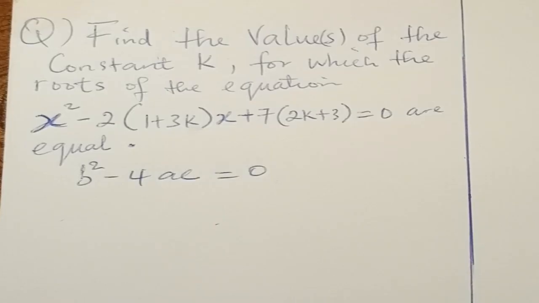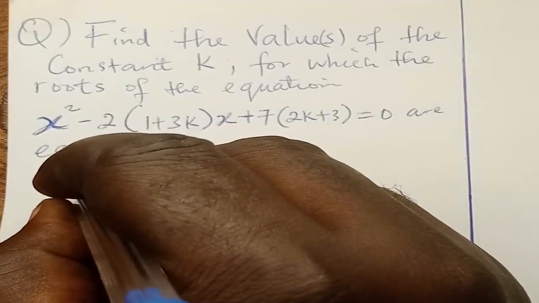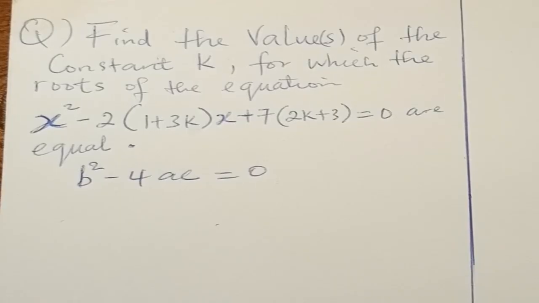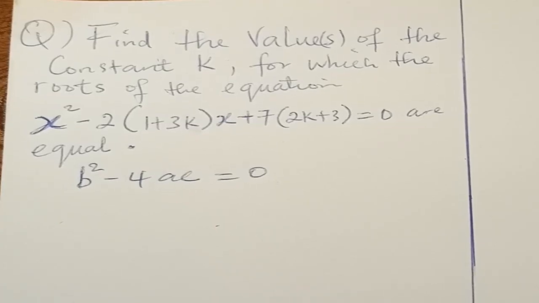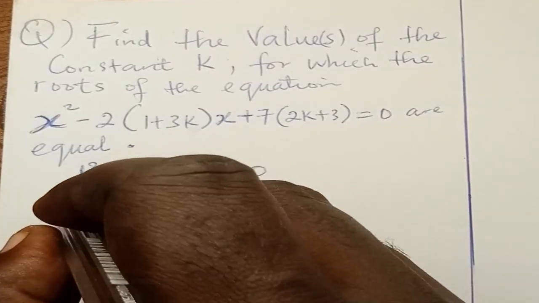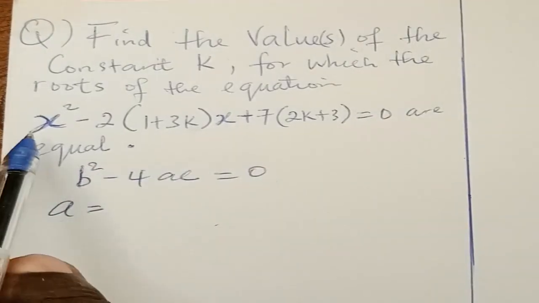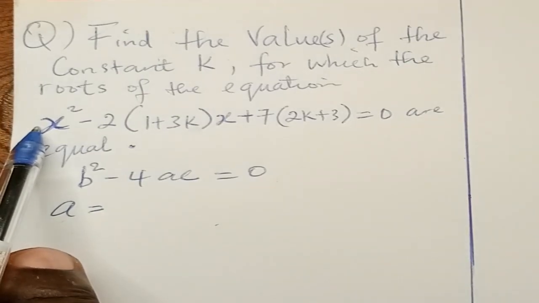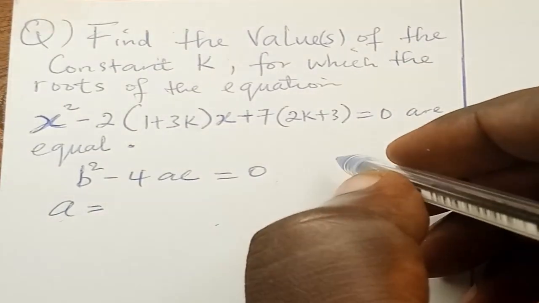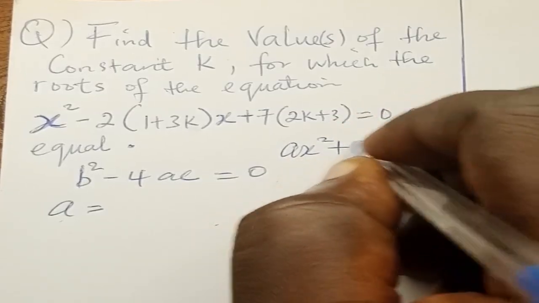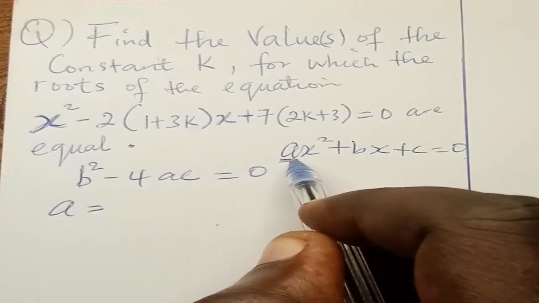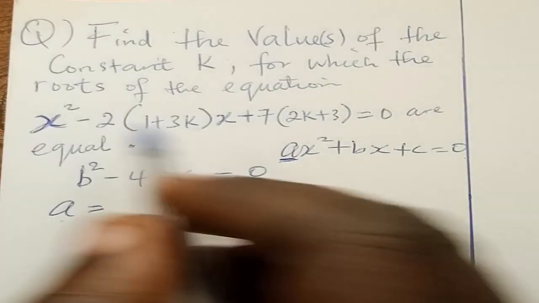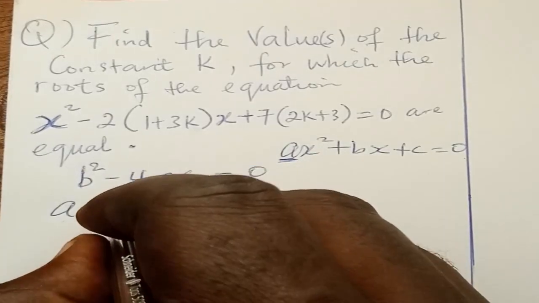Now, based on the expression, we need to arrange the b squared, the a and the c, so that we know exactly how to express them. First, a is the coefficient of x squared. If we use the expression ax squared plus bx plus c is equal to 0, the a, which is the coefficient of x squared here, is equal to 1.